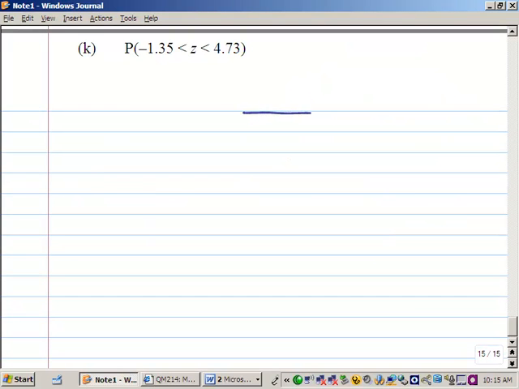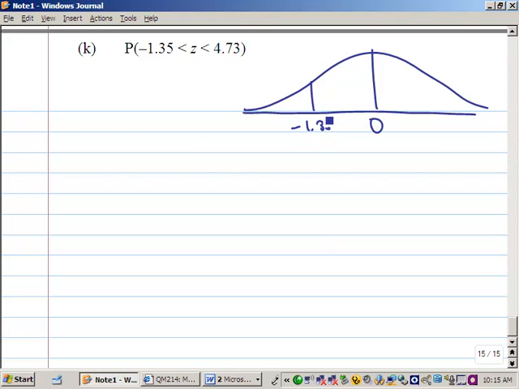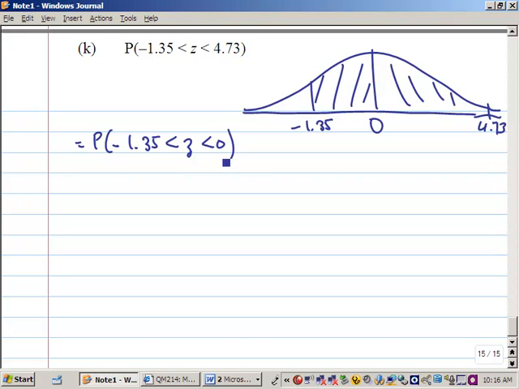Right, and the last of these probabilities goes from negative 1.35 to positive 4.73. Somewhere up there. Again, we have two areas that we add. First we go from negative 1.35 up to 0, and then we start at 0 and go to 4.73.